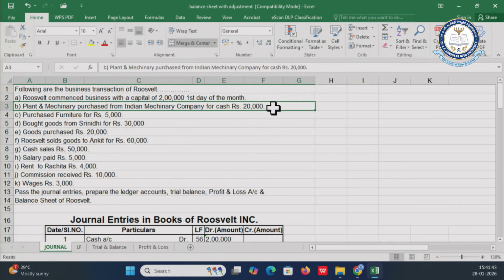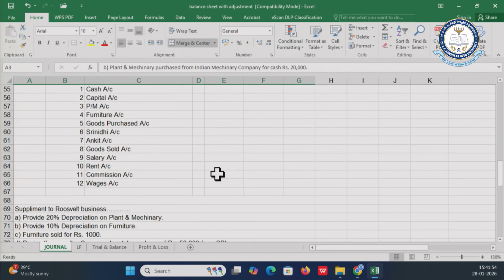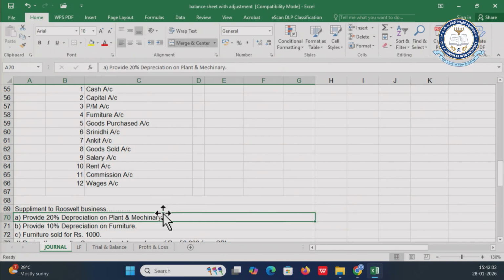How do you calculate? 20 by 100 into this 20,000 worth of the asset, and it comes to 4,000 rupees. That's the calculation working that we can give for depreciation on plant and machinery. The depreciation here is 4,000 on plant and machinery.